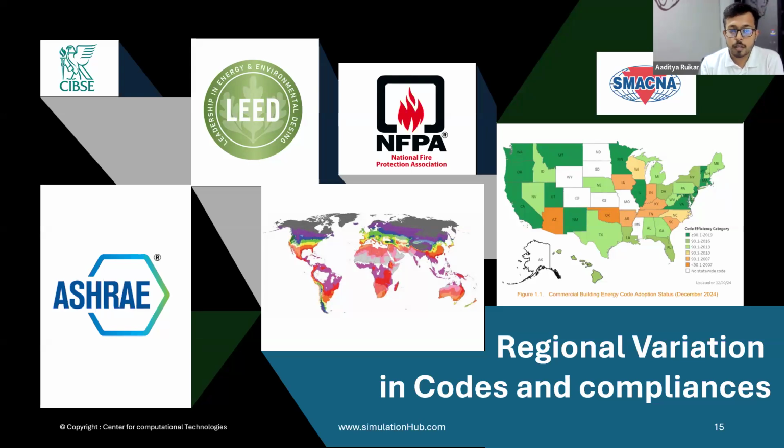Not only countries: in the USA, for the energy efficiency code ASHRAE 90.1, different states follow different versions. So which to follow? The expertise might not be there, and the engineer might get confused while working on different projects. For different applications there are also different codes, like one for ducting and another for fire protection. We cannot expect that. So here we'll see how AI can be helpful.